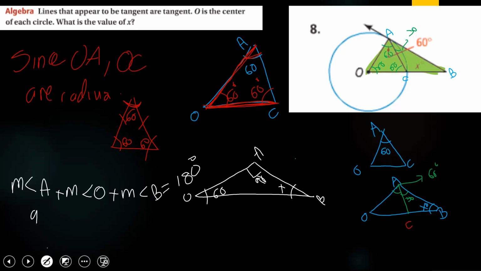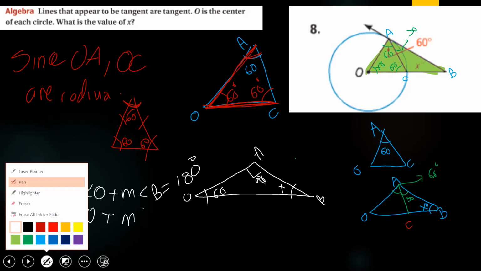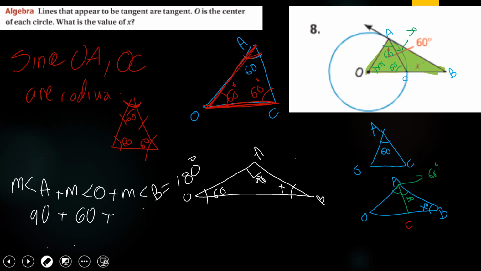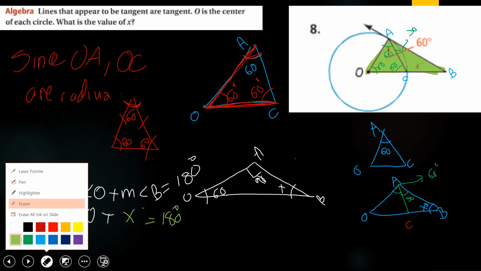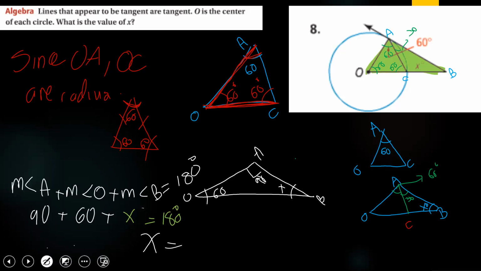So 90 plus 60 plus the measurement of B, which is X, is 180. So angle X will be 30 degrees.